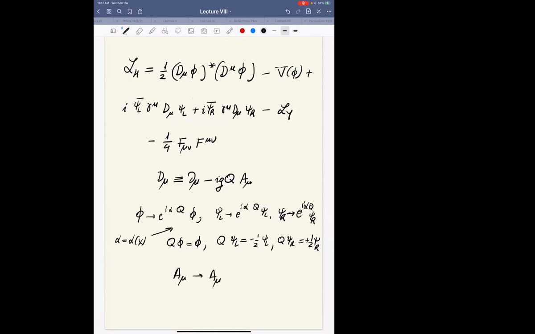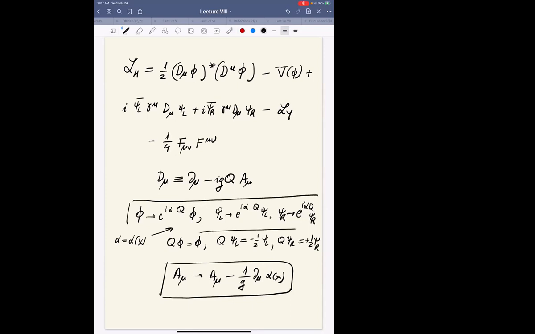A mu transforms into A mu minus 1 over g, as you know, d mu alpha of x. This is the transformation symmetry. This is my U(1) gauge symmetry. This, I hope, is clear, right? But please ask questions now because we will proceed.